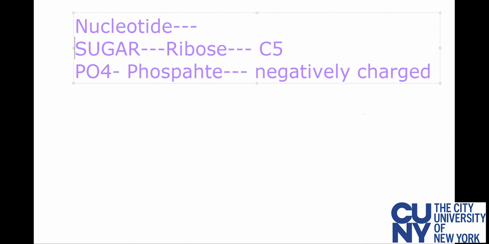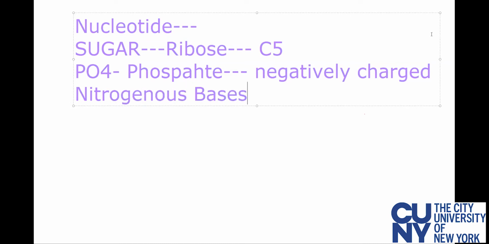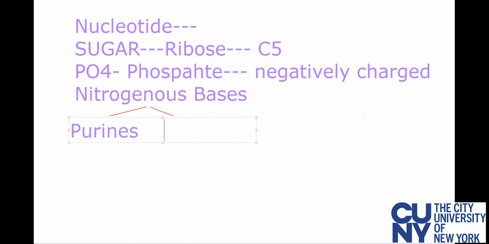and the third component of a nucleotide is nitrogenous bases. Now these nitrogenous bases can be divided into 2 groups, group A and group B. I'm just mentioning group A and group B for the sake of understanding, but one is purines and the other is pyrimidines.